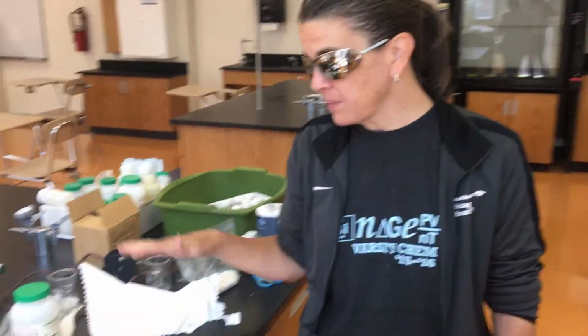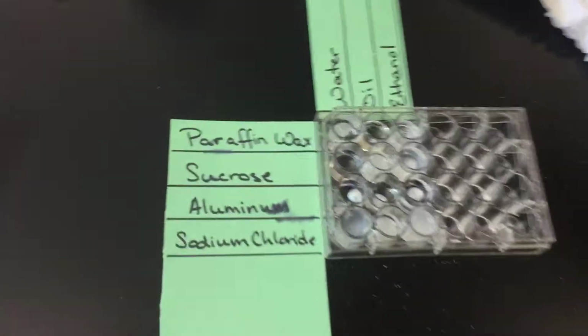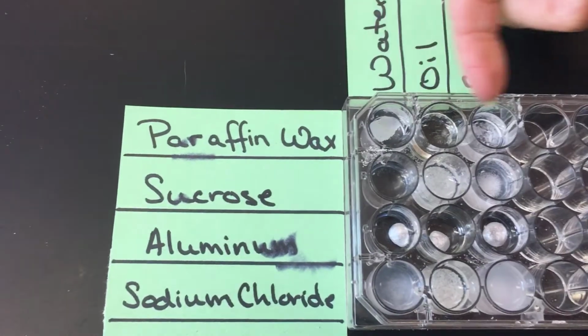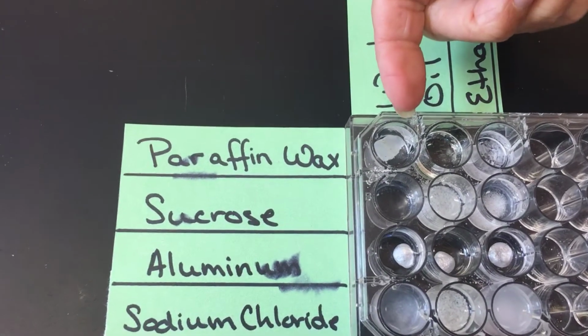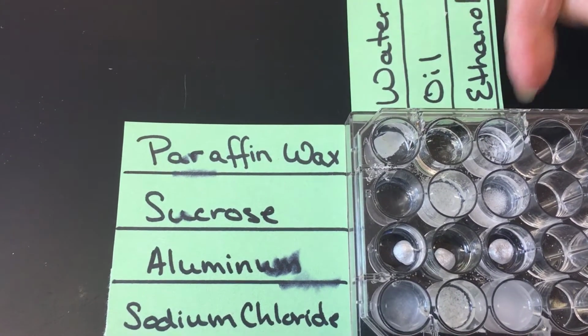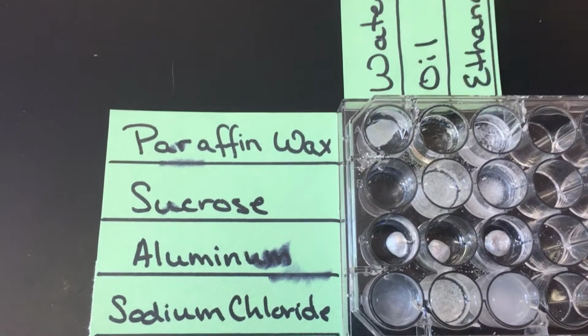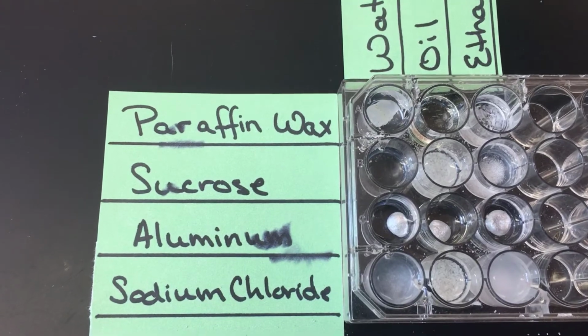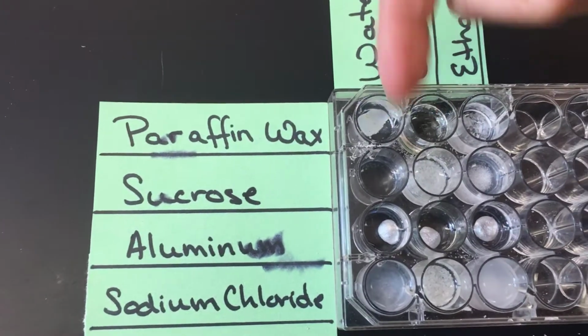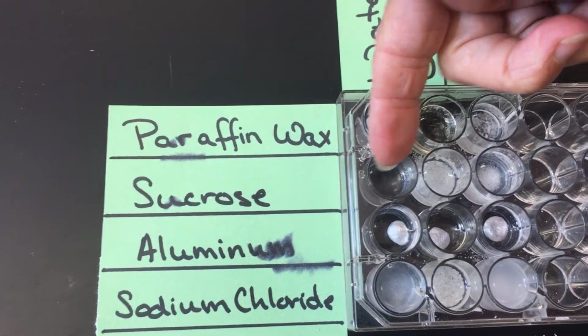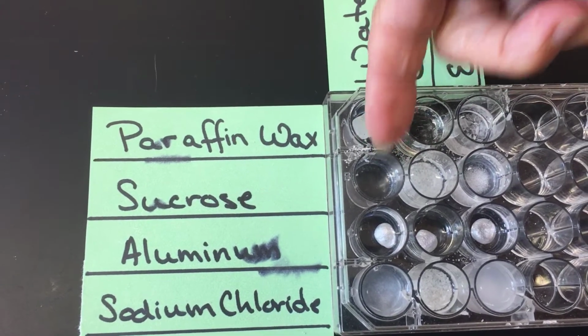Okay, so now we've put all of the solvents in with our potential solutes and see what happens. As we look across at the paraffin, I still see paraffin very clearly in my water and ethanol samples, but it has mostly dissolved in my oil. The sucrose is sort of the opposite. It's disappeared. I no longer see it in my water sample.